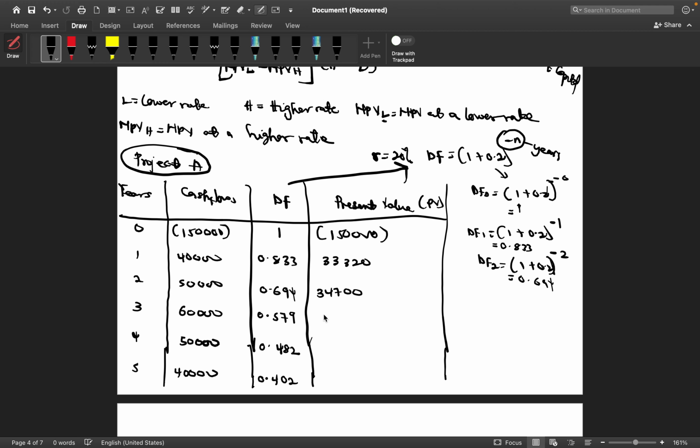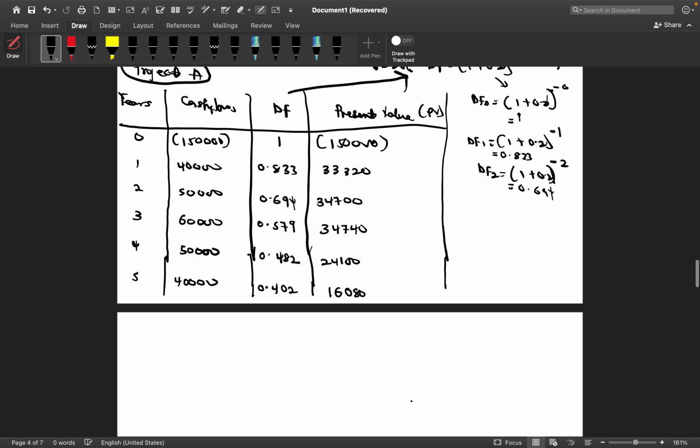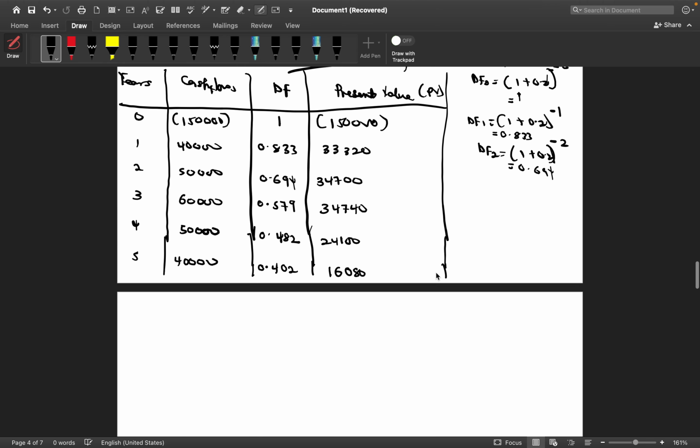So I'm just writing the totals there. So I'm done with the table.